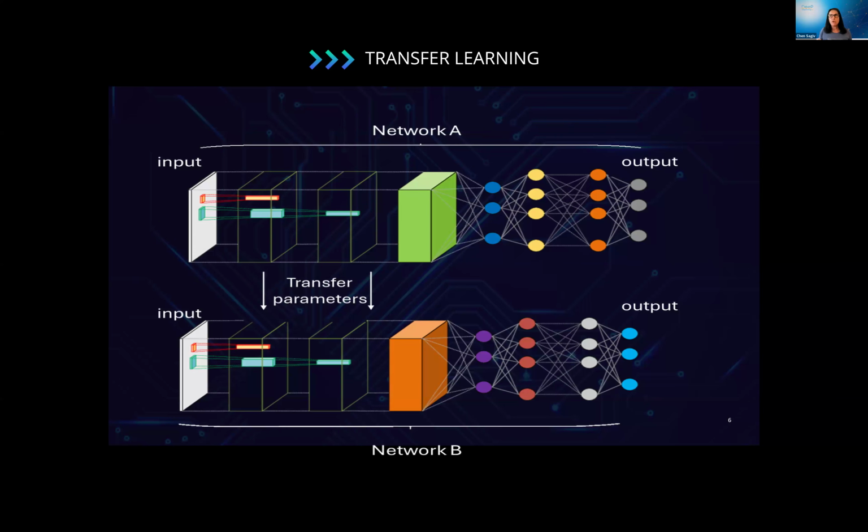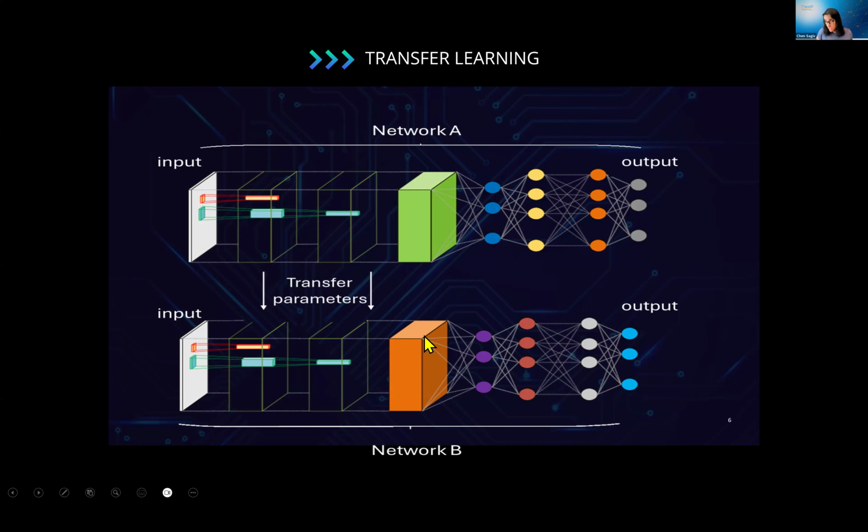So I can tell myself, okay, pathology images are also images. So what if I transfer the parameters of this part of the neural network and put them in network B?